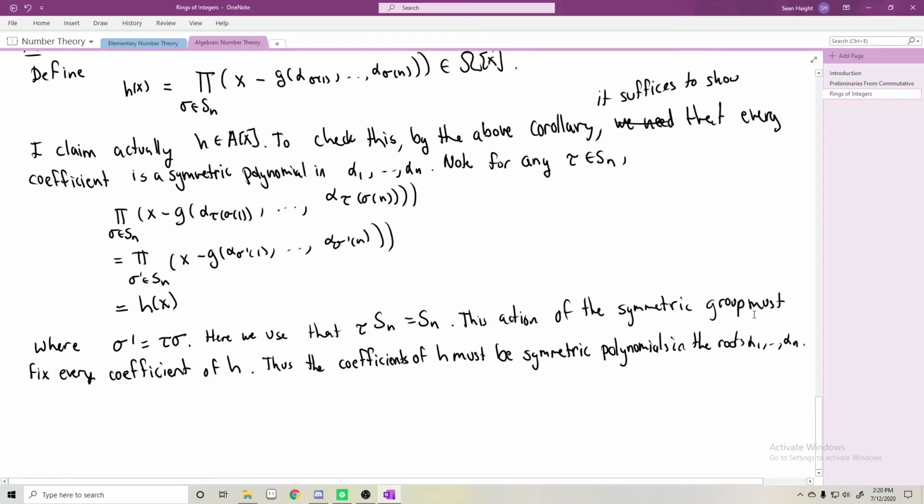Thus, h is in A[x] by the above corollary.